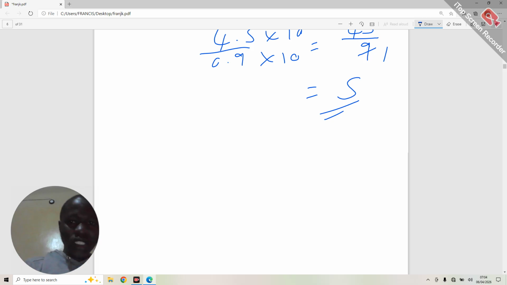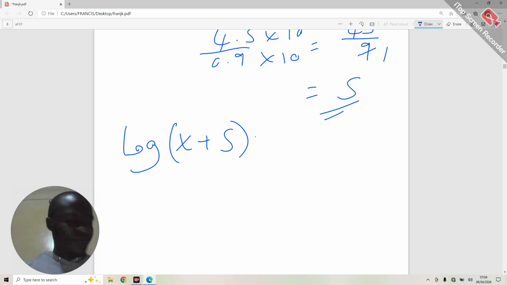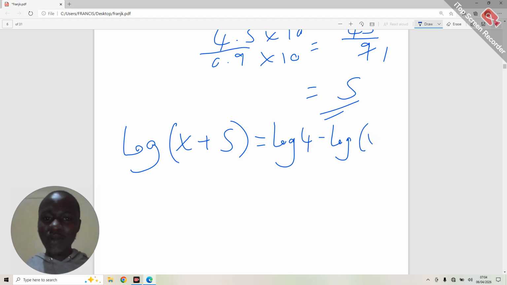And which equation have you been given? Log of bracket x plus 5 is equal to log 4 minus log of bracket x plus 2.